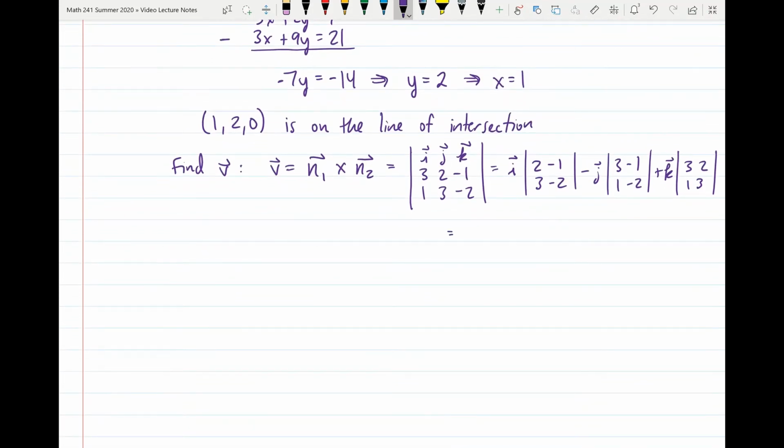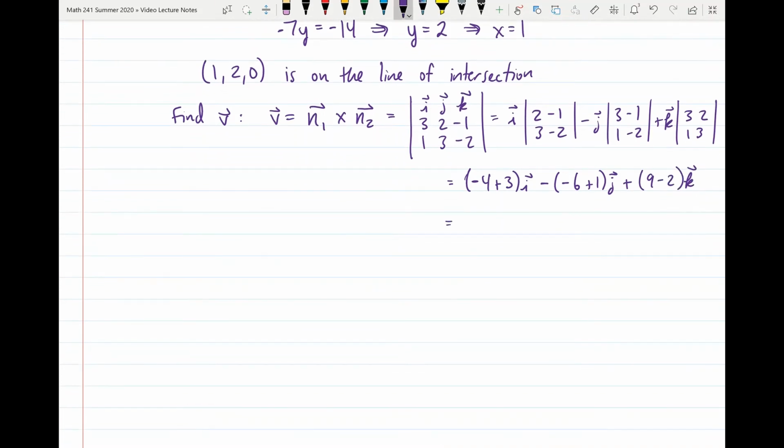And we can make that look nicer by calculating the determinant of these 2 by 2 matrices. So we get a minus 4 plus 3 i, and then a minus 6 plus 1 j, and then plus 9 minus 2 k. And let's simplify this a little bit more.